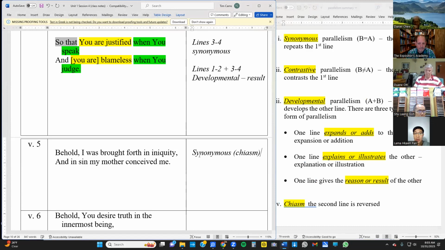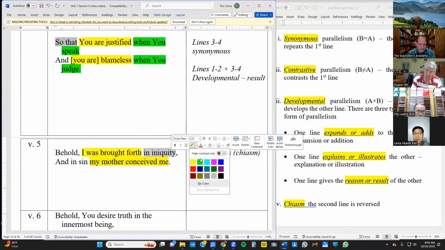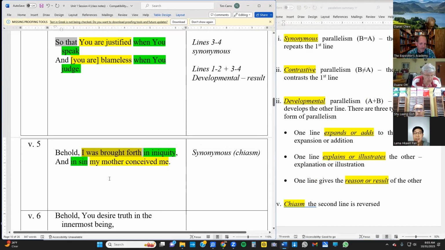Because I was brought forth, and my mother conceived me, and in iniquity and in my sin. All right, good. So we can see it's synonymous. I was brought forth. My mother conceived me. That's the same idea expressed in a different way. In iniquity and in sin, same idea, just synonyms. And notice here, the order's reversed in the second line. All right, very good.